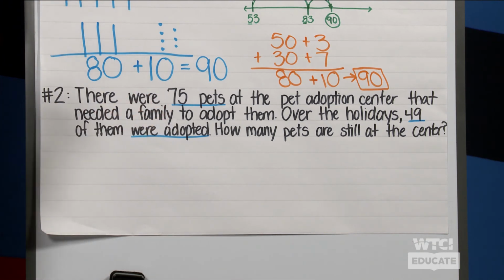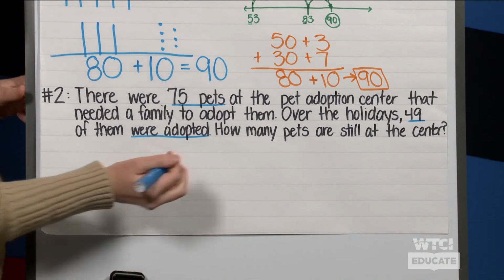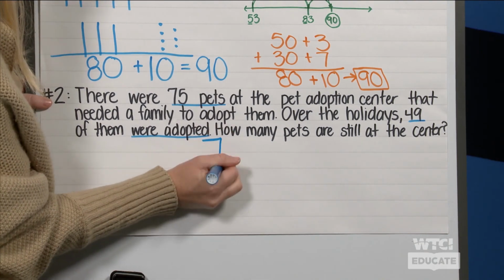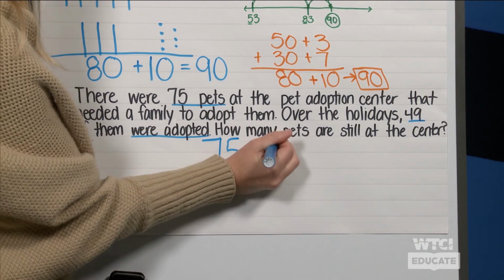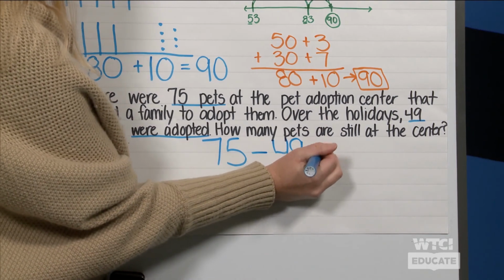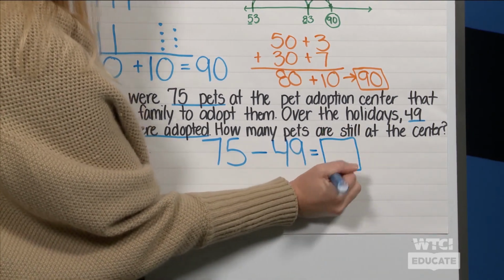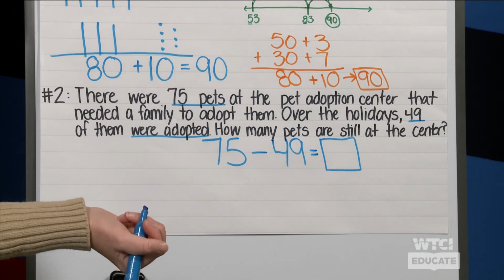So what equation could we write to match this story? 75 minus 49 equals a box. What do each of those numbers mean from our story?